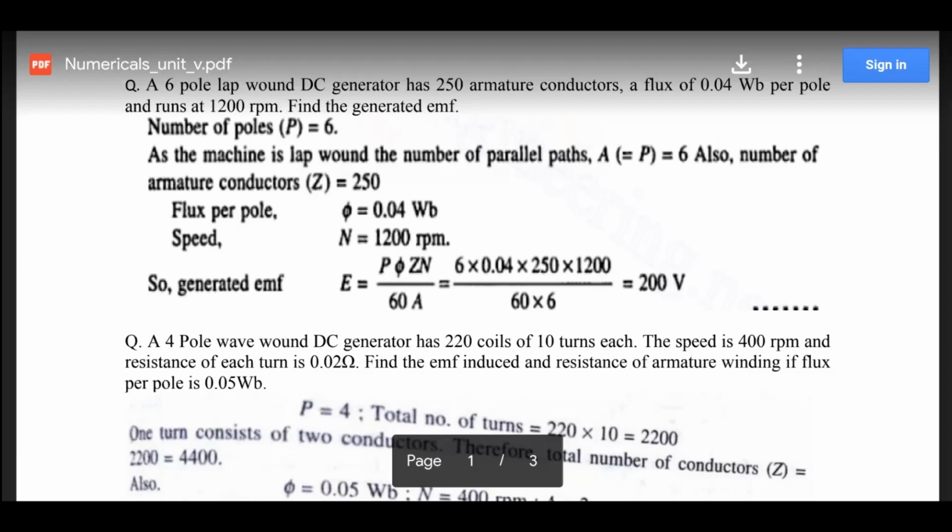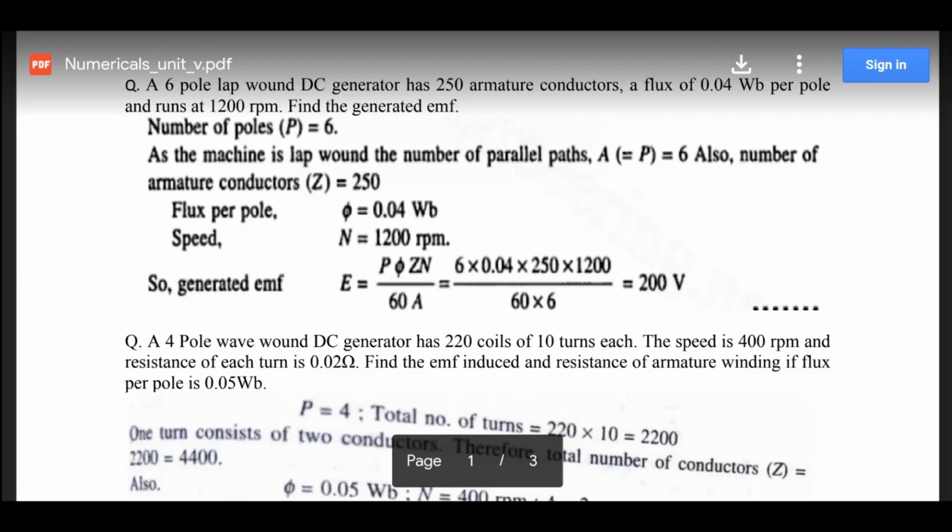It can be asked that there are, say, 30 armature slots, and in each slot there are, say, 6 conductors. Then you have to calculate the total number of armature conductors by multiplying them.